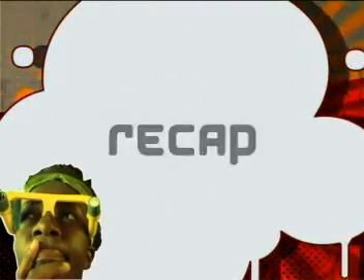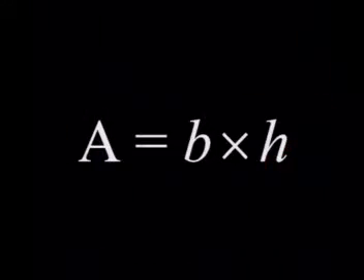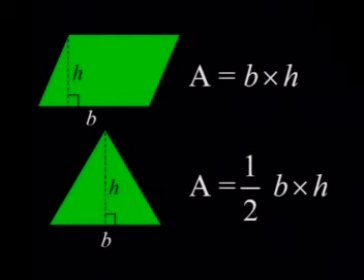Let's summarize what we've covered in this series so far. We saw that you can take the formula for finding the area of a rectangle, area equals base times height, and use this to find the formula for other shapes. The area of a parallelogram is equal to base times height, where the height is the perpendicular distance between the horizontal parallel lines.